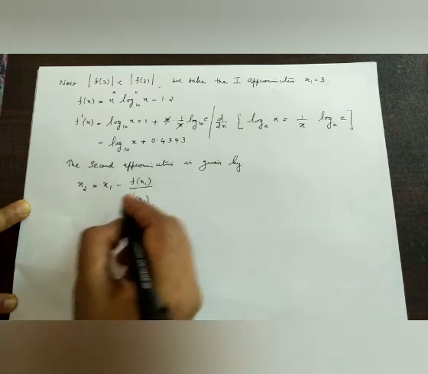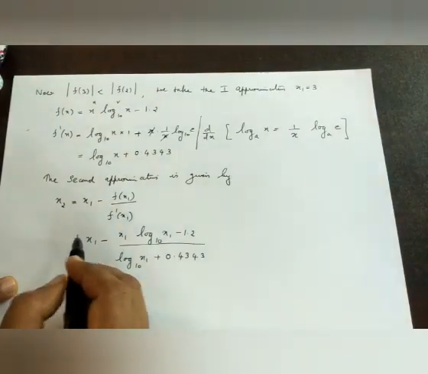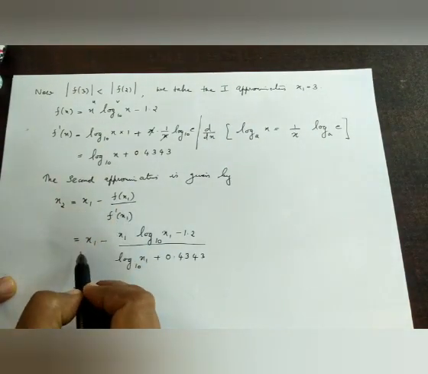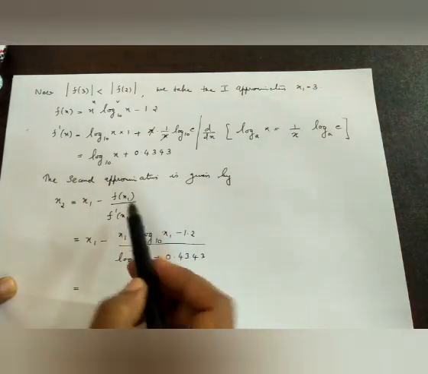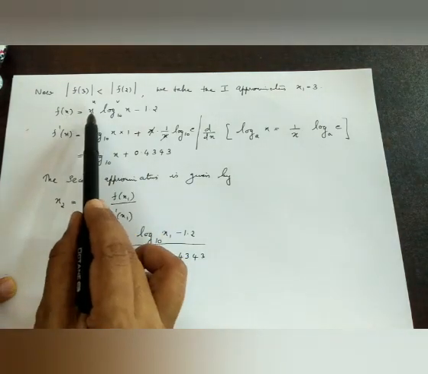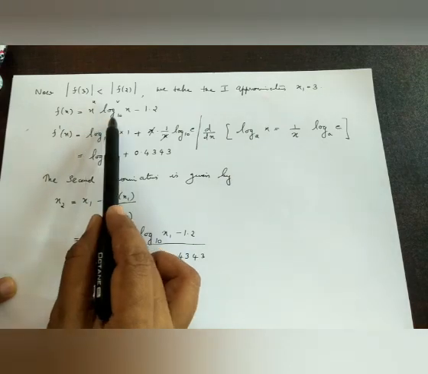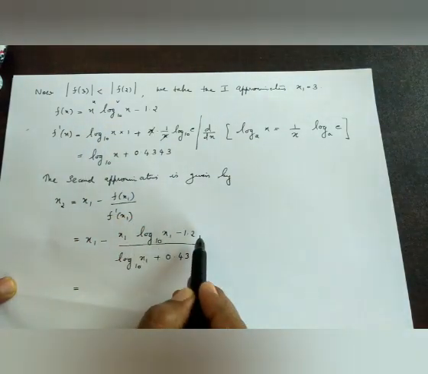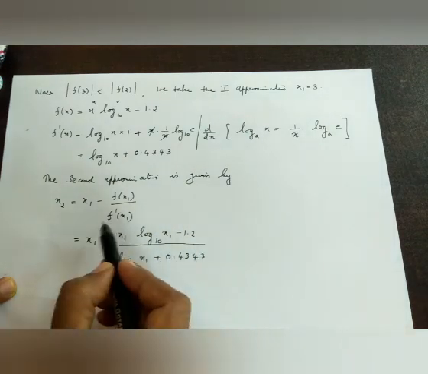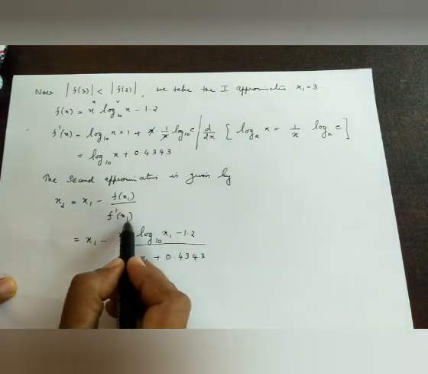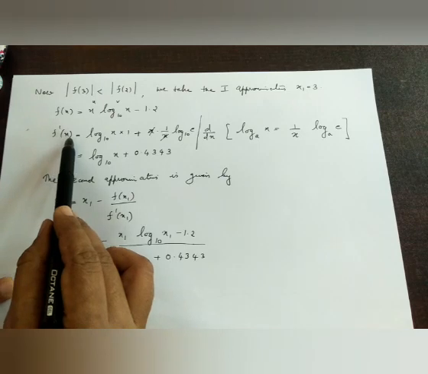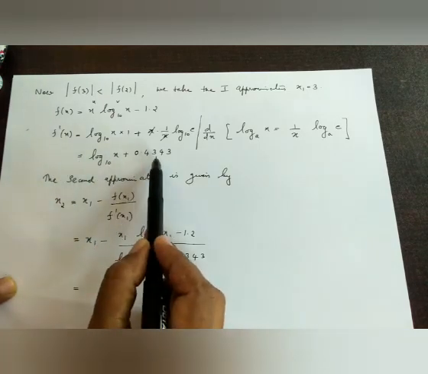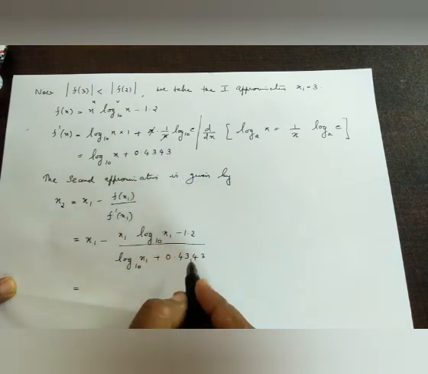Now substituting, x2 is equal to x1 minus, in the place of f of x put x1, then we will get x1 log x1 to the base 10 minus 1.2 in the numerator, divided by, for f dash x1, substituting x1 in f dash x, log x1 to the base 10 plus 0.4343 in the denominator.